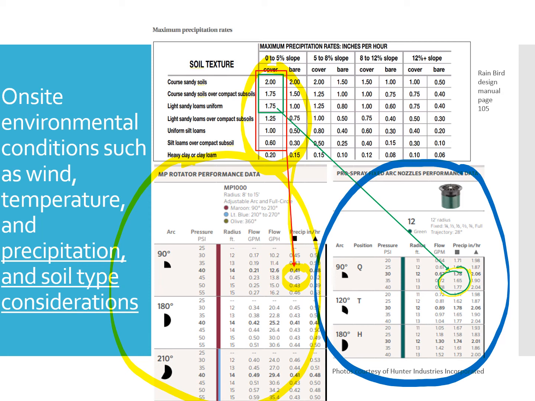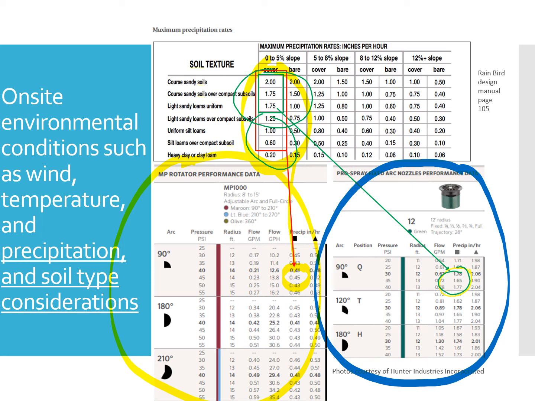And then if you compare that with the chart above, where I have put it in a green square right here, that is compatible with only more coarse soils, lightly sandy soils, coarse sandy soils, and anything below that, a little bit tighter soil, means that you're going to hit the runoff point quite a bit faster than you would if you had sandier soil.